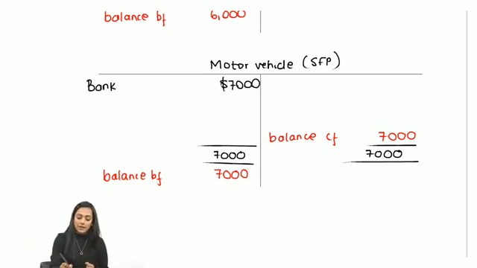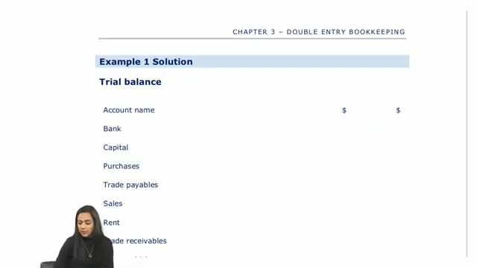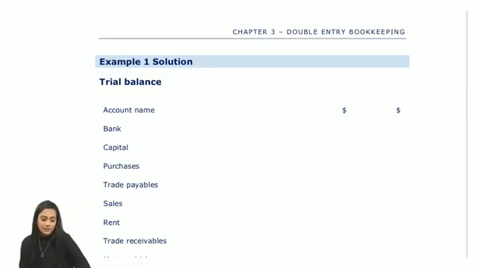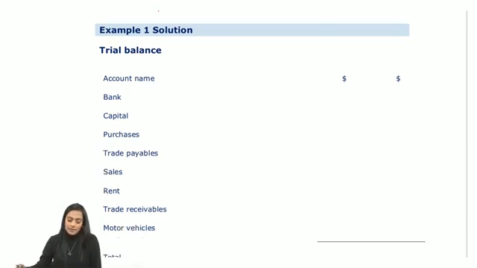So a trial balance, we have an example of that on the next page. Here we go, trial balance. A trial balance is made up of 2 columns. It has a debit column and a credit column.